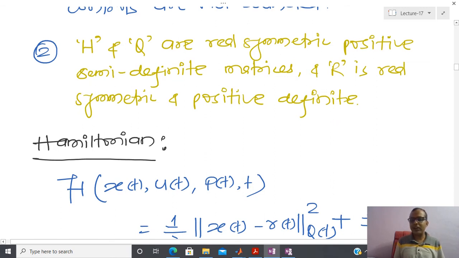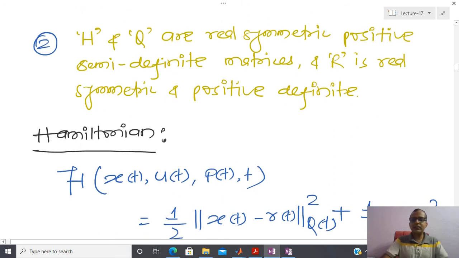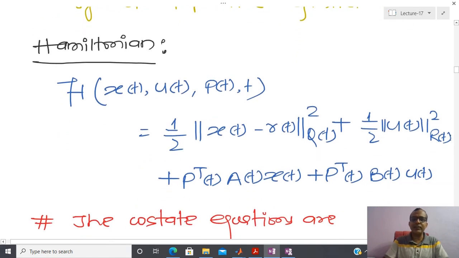And after that, you can see that the formulation remains the same as the previous one. I have to define the Hamiltonian.